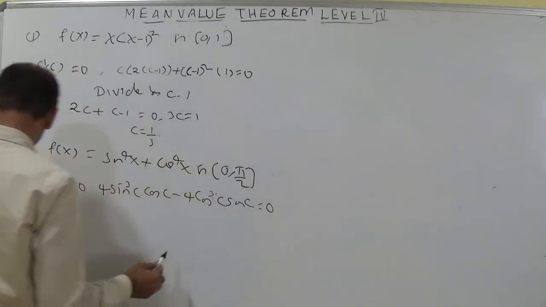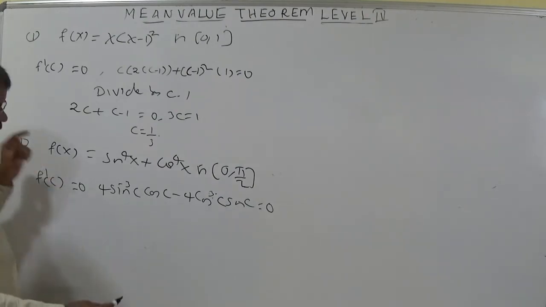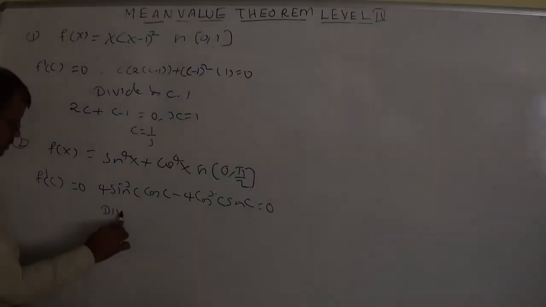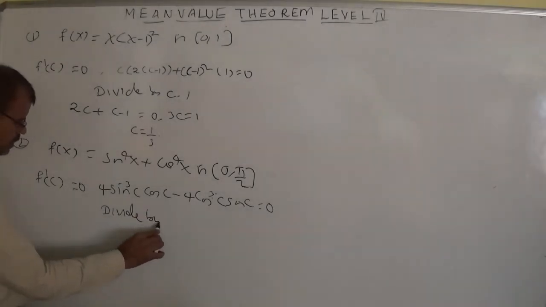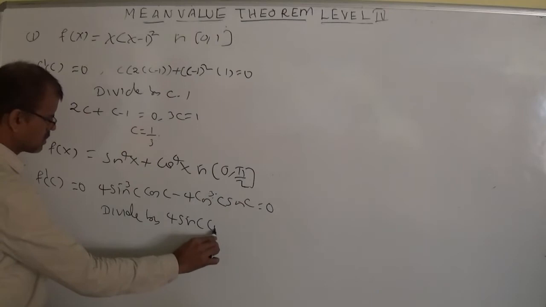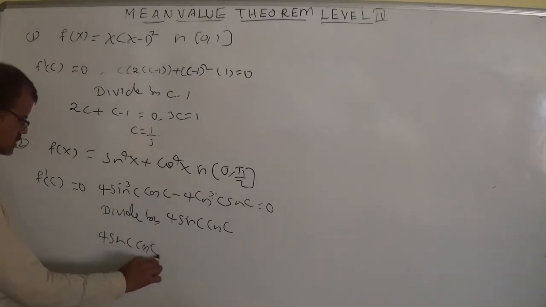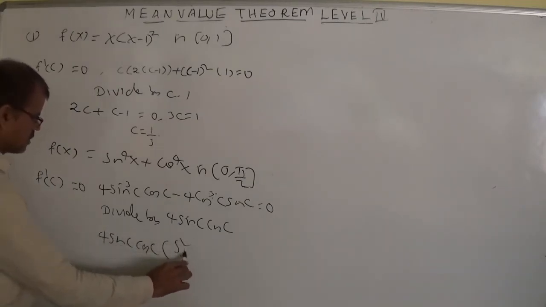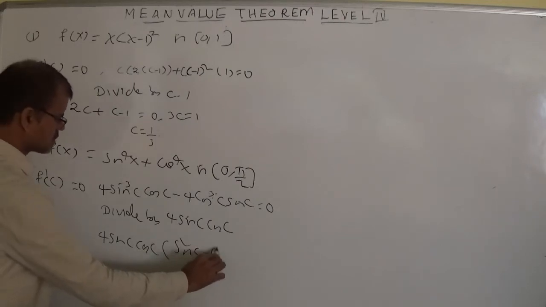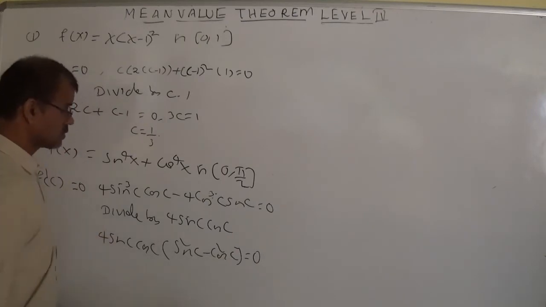So next step, divide by 4 sin c cos c, taking 4 sin c cos c common, then you can write sin square c minus cos square c equal to 0.